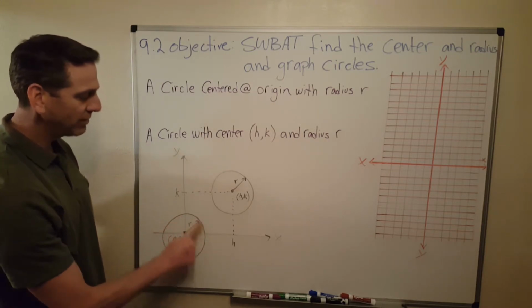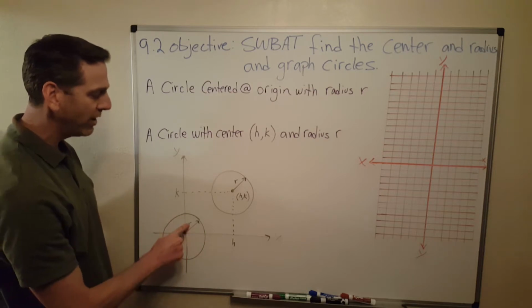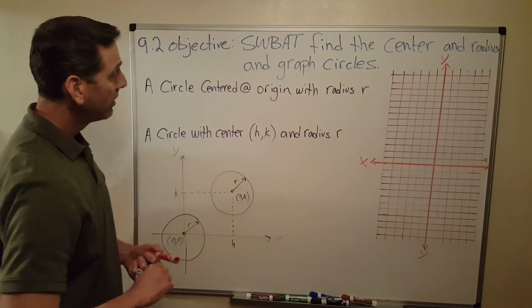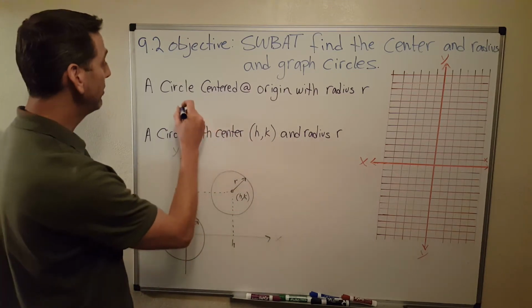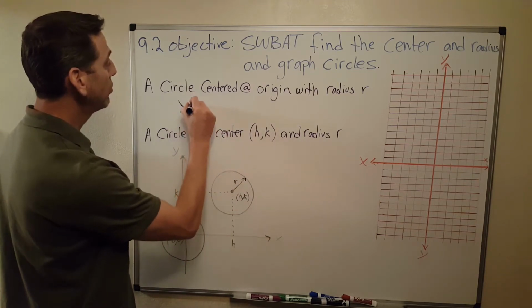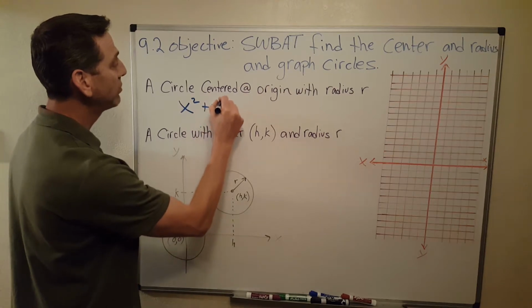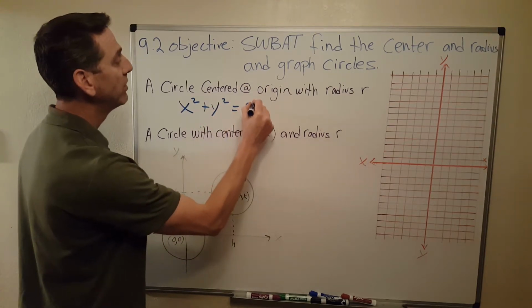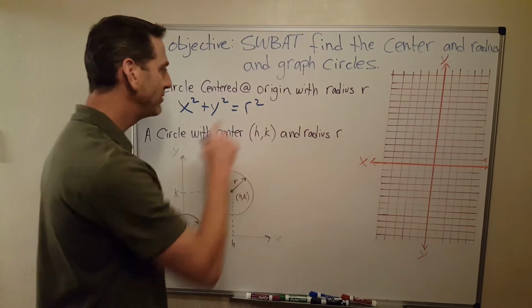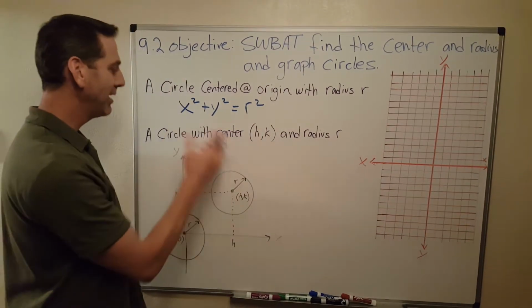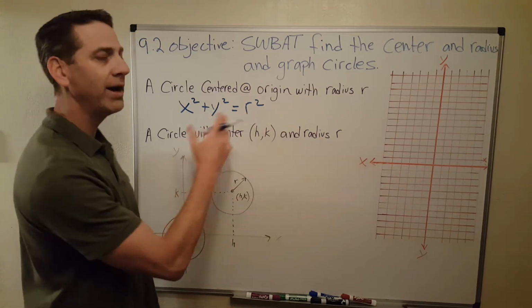For any circle that's centered around the origin with a radius of r, our equation is going to look like this: x squared plus y squared equals r squared, where r is the radius, x is the x coordinate, and y is the y coordinate.